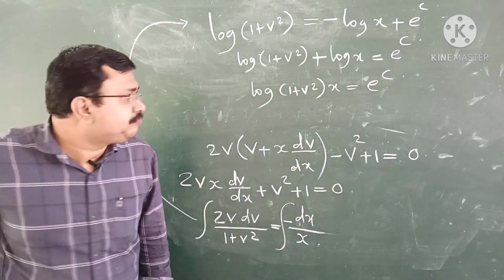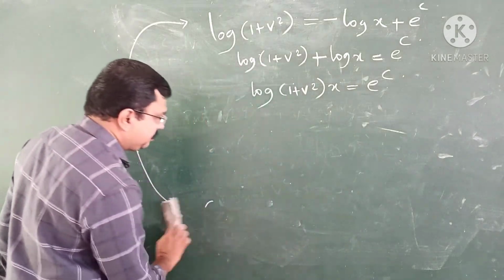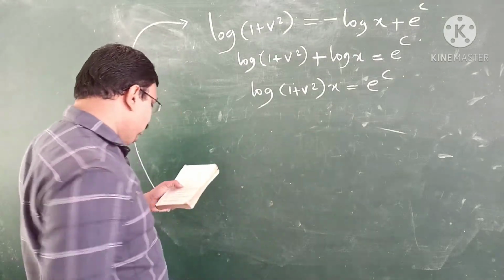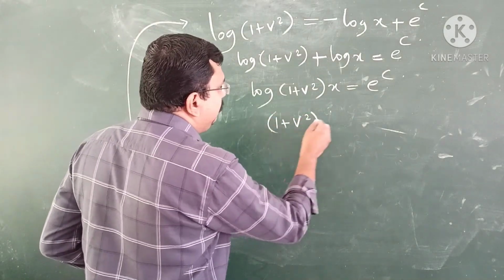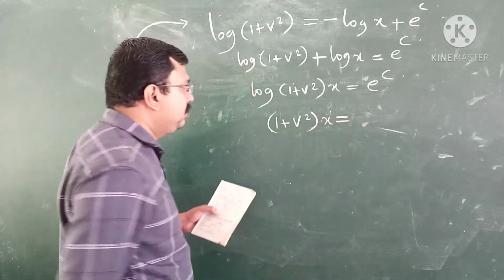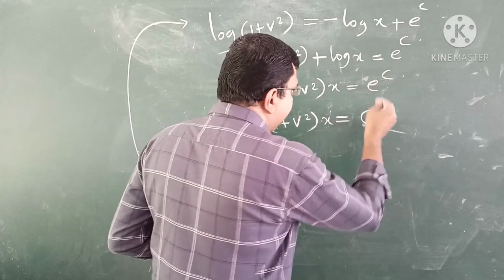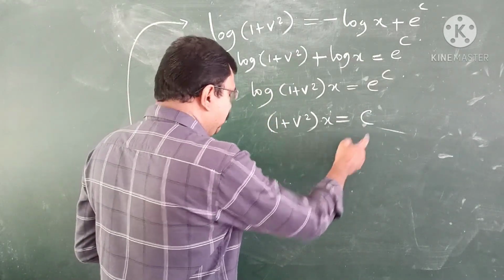Then we can write, this is a standard form, then we can write 1 plus v square into x equal to log e raised to c, that will become c. Okay, 1 plus v square into x equal to c.